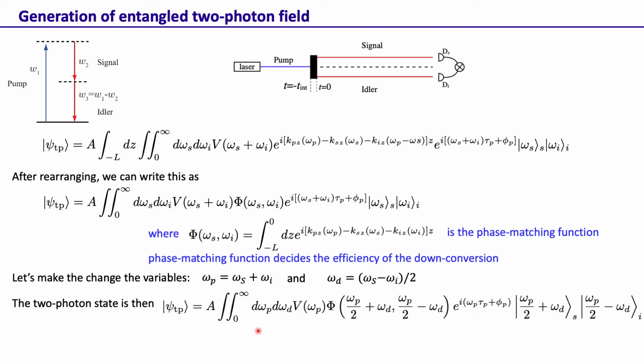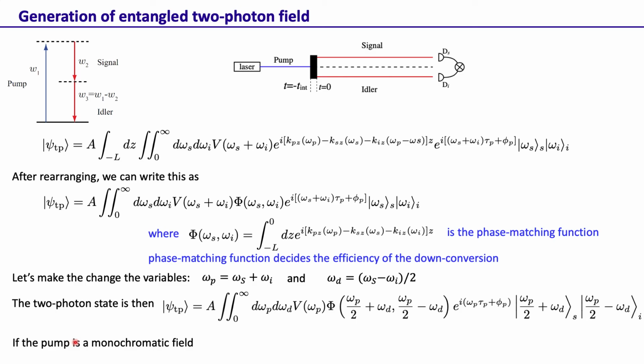The pump amplitude v is now a function of just omega p. These are the variables for phase matching. The signal state, which was just omega s, is now omega p by 2 plus omega d, and this is the state of the idler. So this is the two-photon state in this new set of variables.